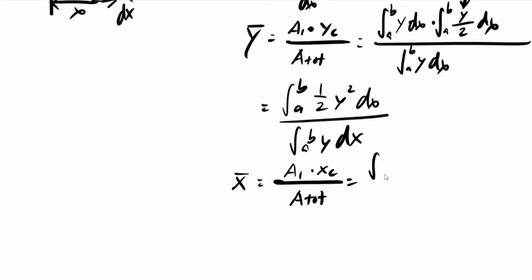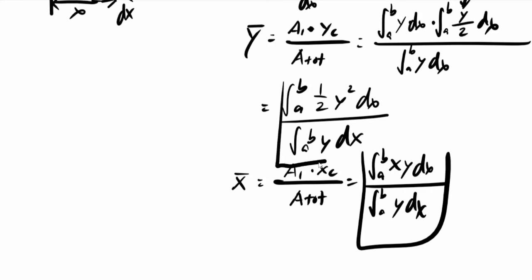So that is equal to our A sub 1, that is still the integral with limits from a to b of y, and our xc is simply x, so that is xy dx all over our total area, still the same. There, that is our formula for our x bar, and this is our formula for our y bar.